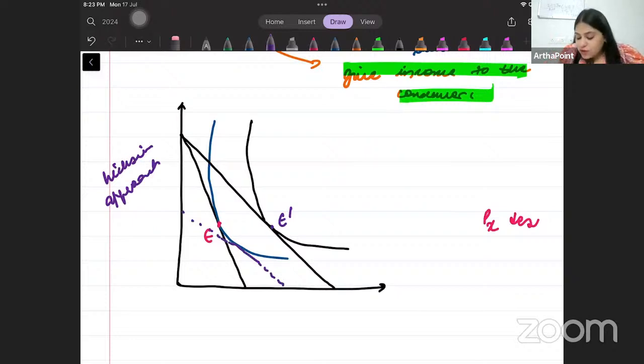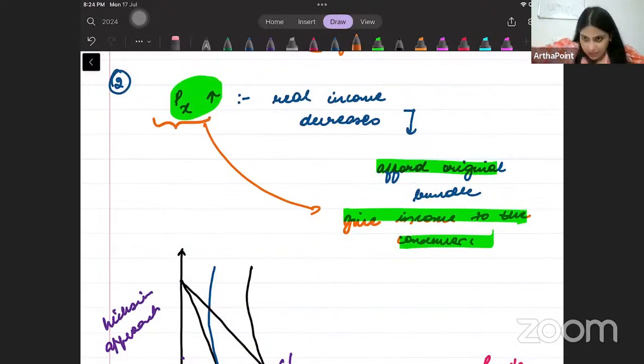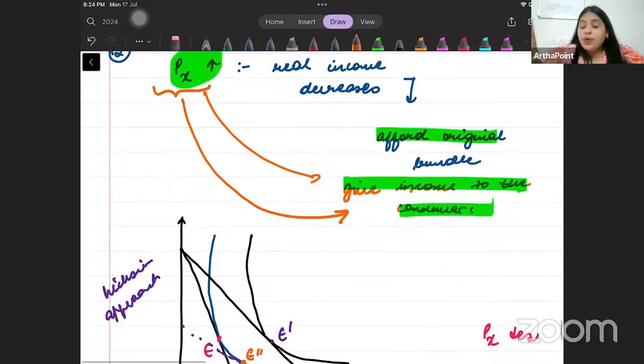So beta, I am shifting backwards now. I am taking some money back from the consumer so that he can go back to the original level of utility. I am shifting his budget line inwards, taking his income away. So when the price of the good increases, to get the same level of utility, in a way I must give more income. This is very important for analyzing the effects that we do in the next class also.